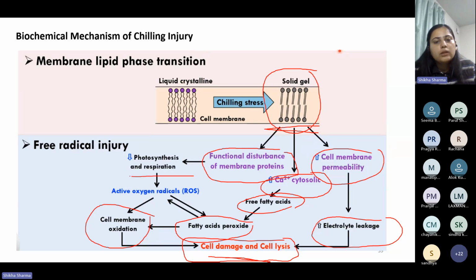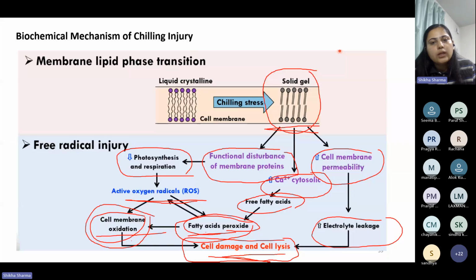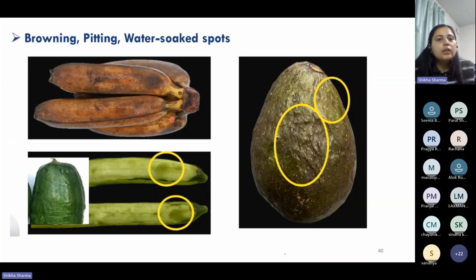Because of that there will be decreased photosynthesis and respiration, and active oxygen radicals may be produced. This can lead to cell membrane oxidation, and the fatty acid peroxidation will also lead to cell membrane oxidation, and finally cell damage or lysis will happen.